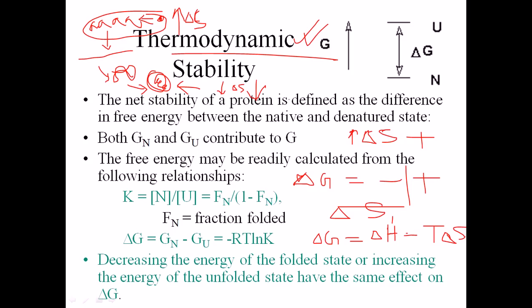Okay, now if we look at this thermodynamics, this is the del G, or the free energy change, and this free energy change for the folding of a protein will be the free energy for a native state minus the free energy for an unfolded state. Now if this is negative, that means the reaction will be spontaneous, and the way of making this equation negative is to increase the free energy for the unfolded state and decrease the free energy for the native state.